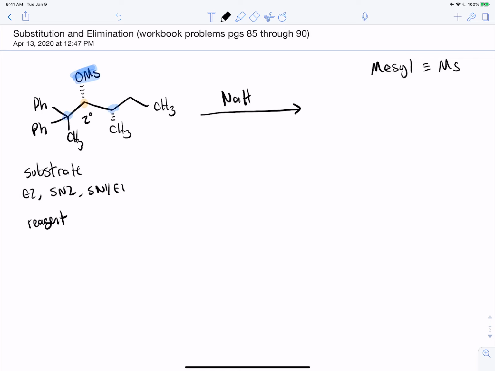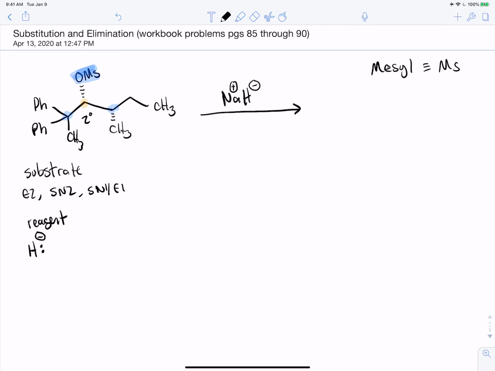What is our reagent here? It's sodium hydride. Remember, I've said this in class before, but I'm going to say it again. The sodium is just a counterbalancing metal for the charge. It's got a positive charge, which means that the hydrogen is a hydride. Hydride is an extremely strong base.